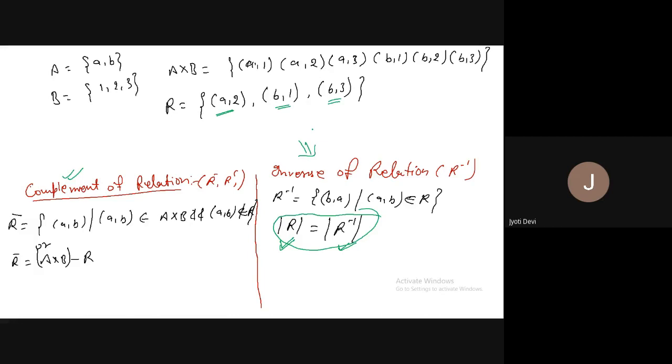For example, for better understanding, if I do R inverse, I want the inverse of this. What is the R inverse of this?